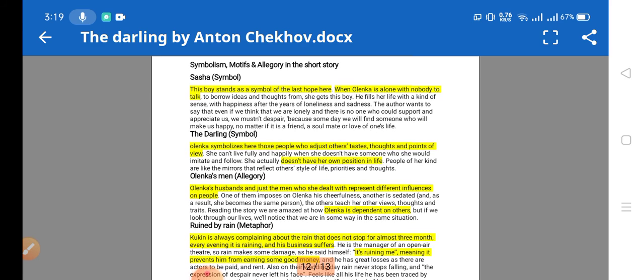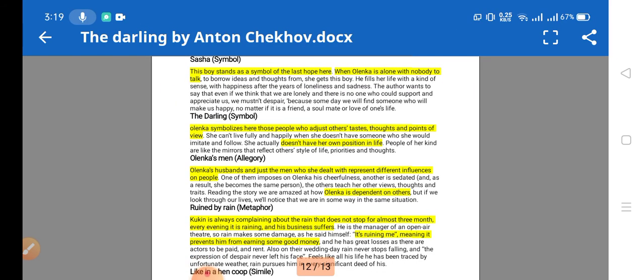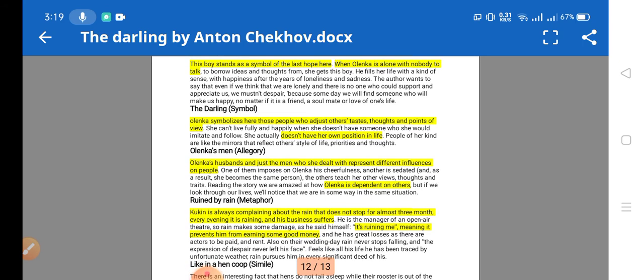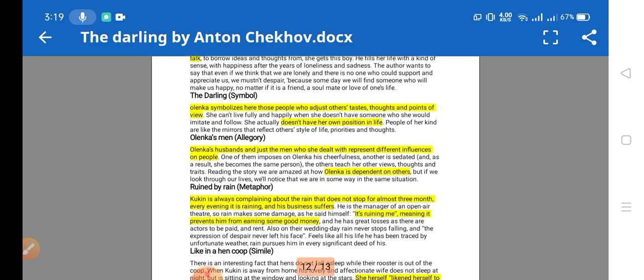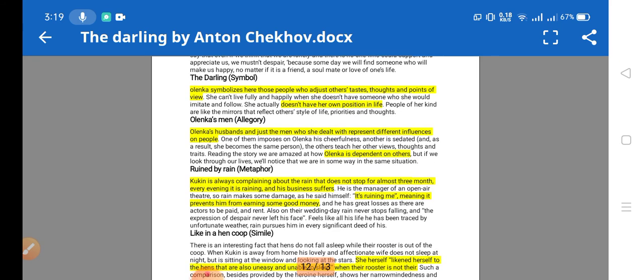When Olenka is alone with nobody to talk to, to borrow ideas or thoughts from, she gets this boy, and he fills her life with a kind of sense, with happiness after years of loneliness and sadness. And we'll see the darling symbol. Darling is the nickname of Olenka.